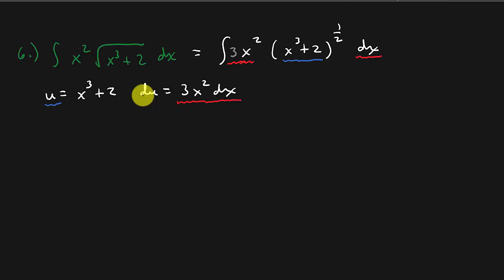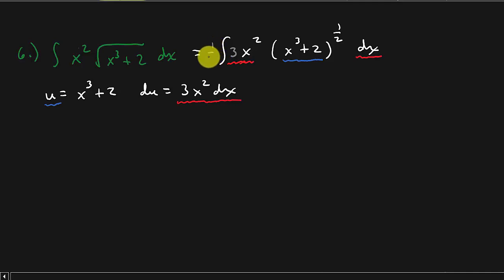So how about instead of multiplying by 3, I multiply by 1? So I multiplied by 3, and so what if I come out here and multiply by 1/3? What's 1/3 times 3? Oh, that's equal to 1.